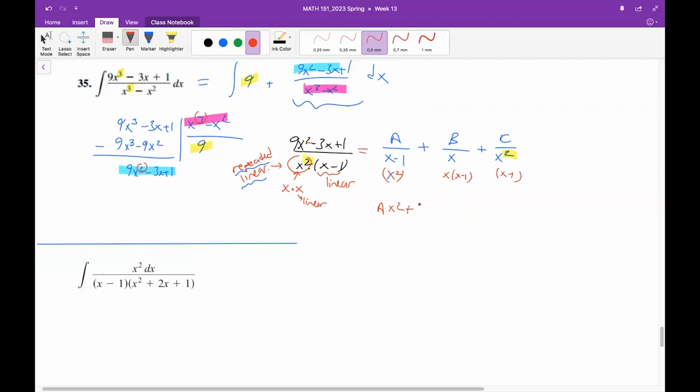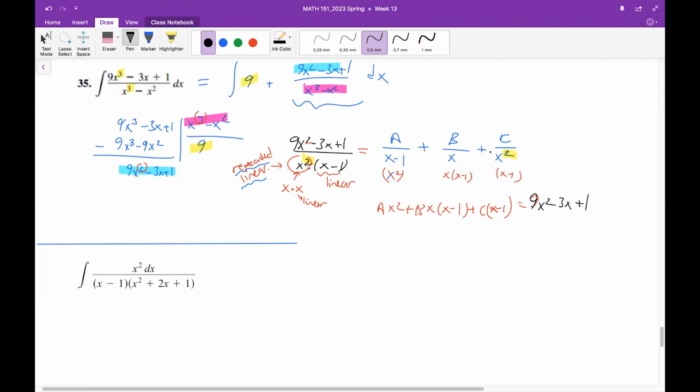A times x squared, B times x minus 1, and C times x minus 1 should be whatever you see here on the left for the numerator, right? It should be this 9x squared minus 3x plus 1. If I can find the coefficients from this equation now, I can easily integrate this.